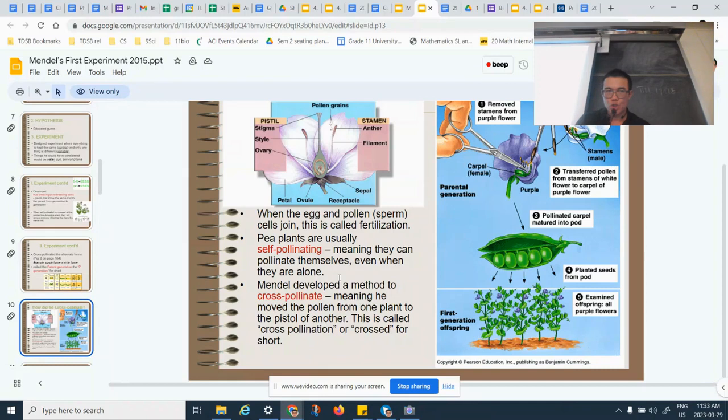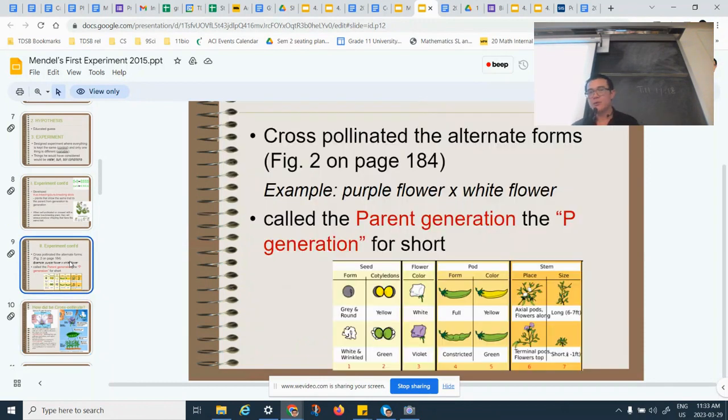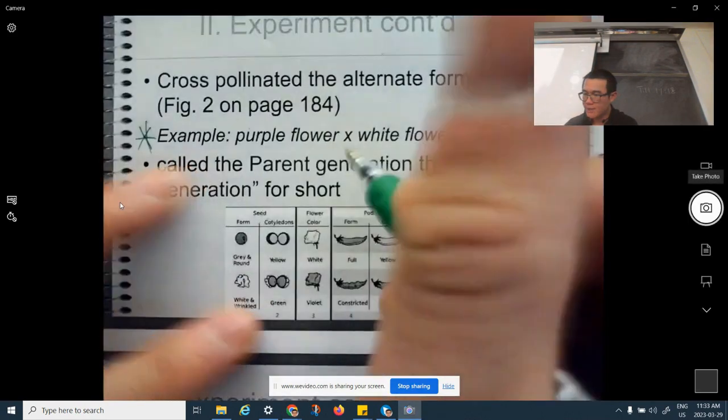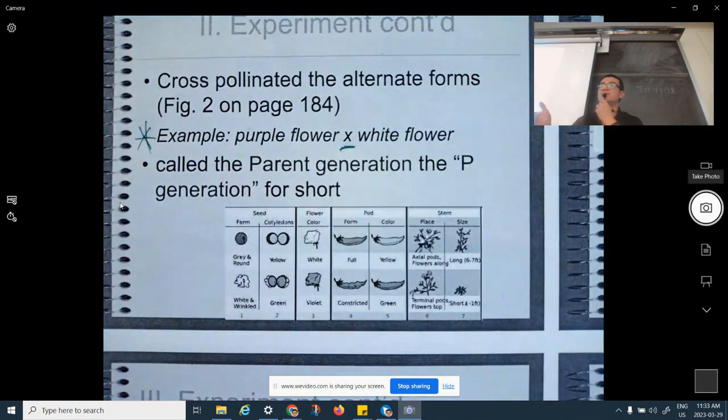Now, going back to his experiment. One of the experiments that he did was pollinating the plants from a purple plant crossed with a white flower. So this convention here, the crossing, think of mating, but this is generic.